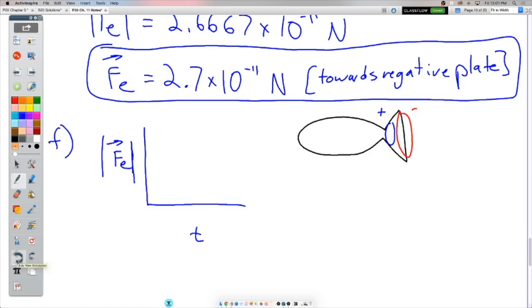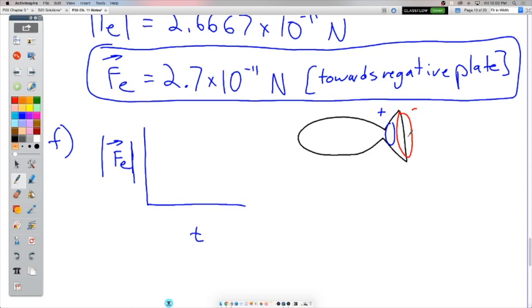Now, these are two parallel charged plates. So we have to ask ourselves, how does the force experienced by the charge change as it moves? Well, remember, in parallel plates, that electric field is uniform. We talked about that last week, but remember, the farther away you're getting from the positive plate that's pushing you, the closer you're getting to the negative plate that's pulling you.